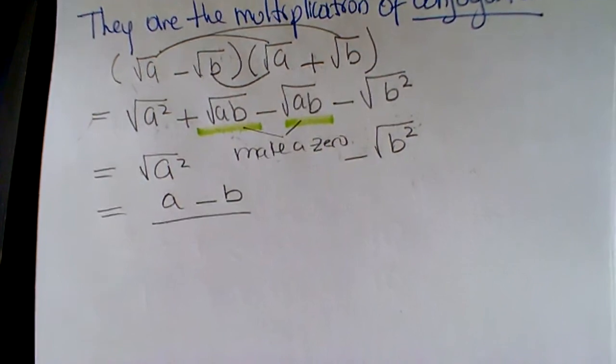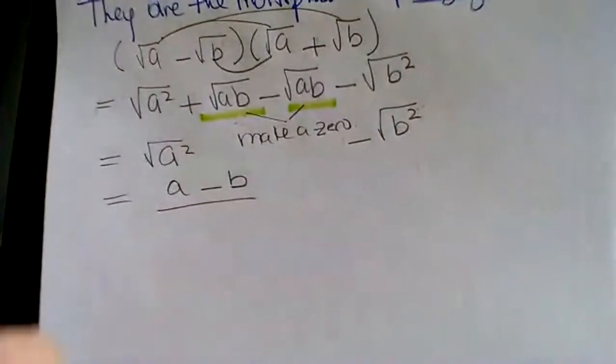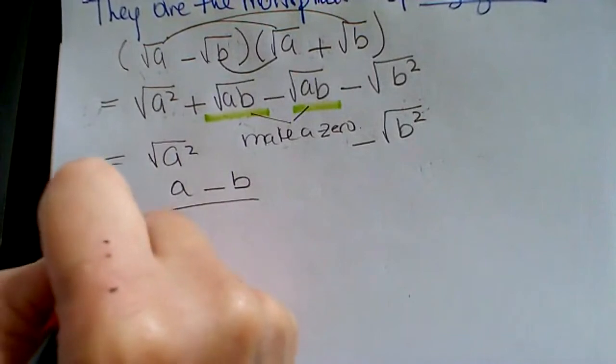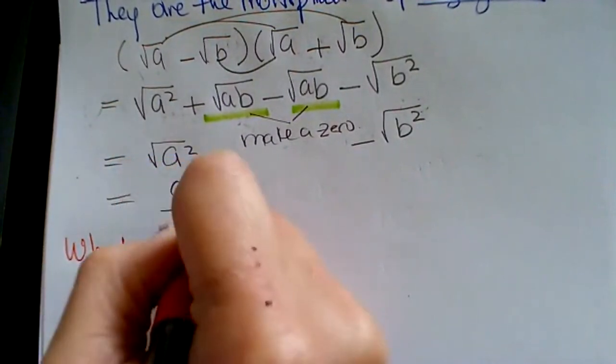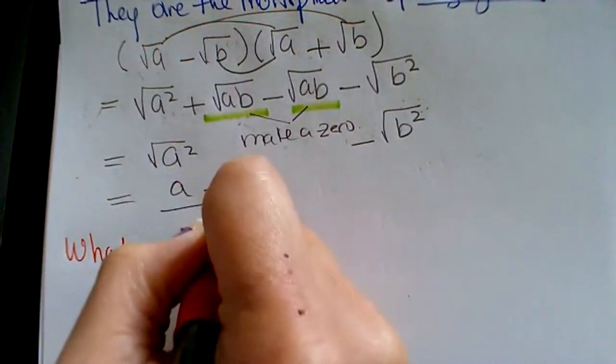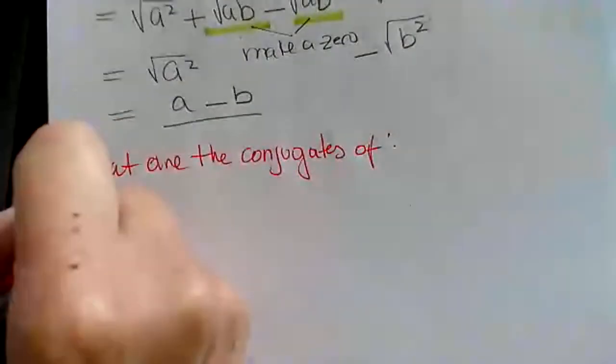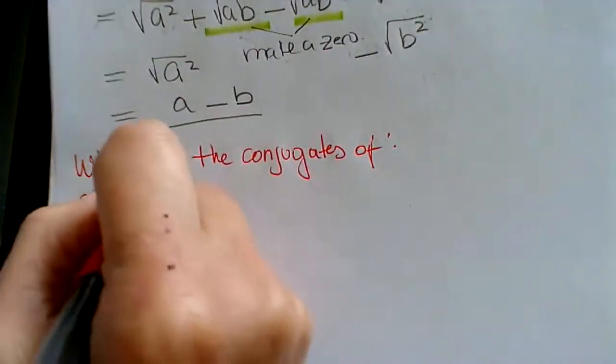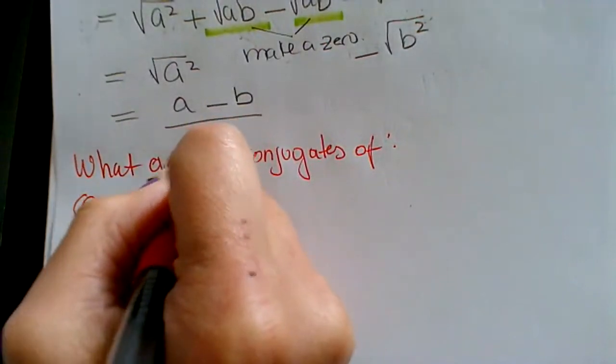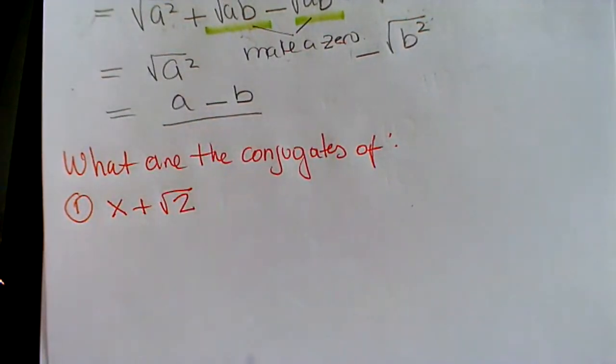Now, what are the conjugates? Here's the statement. What are the conjugates of, and I'm just going to give you this one, x plus the square root of 2. What would be the conjugate?